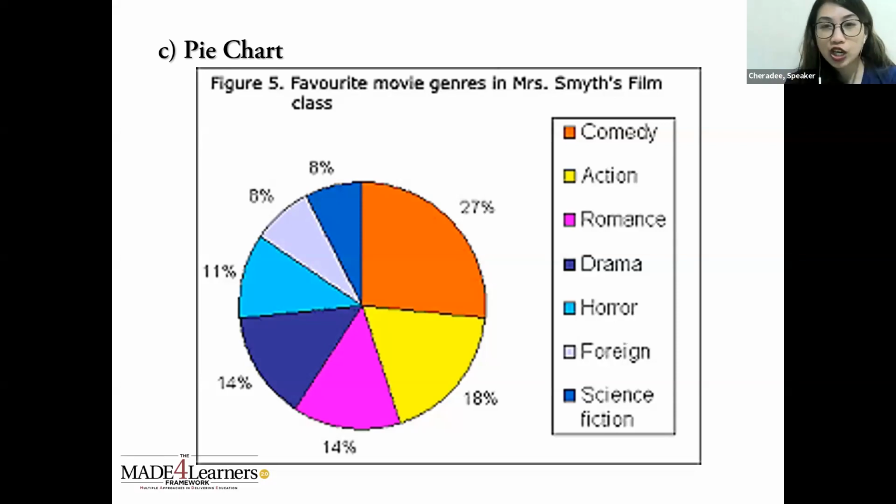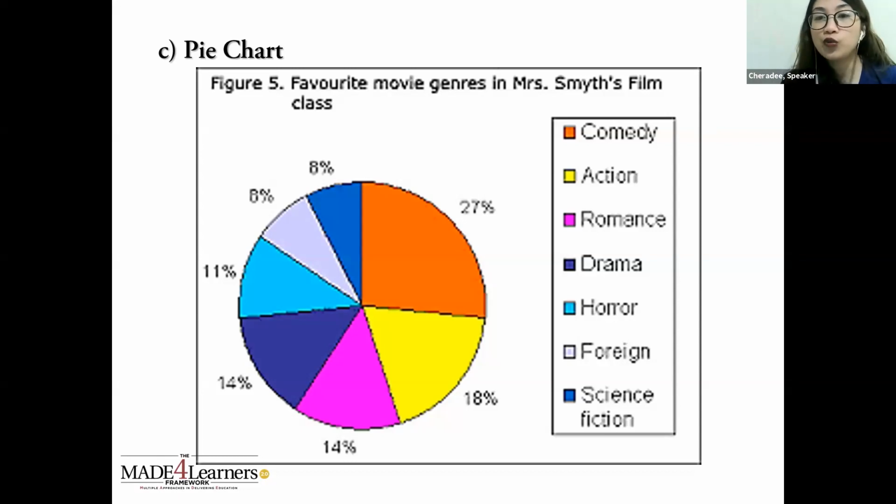It's a wrong pie chart if the first part clockwise, in the first quadrant, is the smallest. Second, if it does not total 100%, it's wrong, so it has to total 100%. It's also wrong if there are no values provided, like 27% or 18%. How are we going to determine if it's 27% without a label?